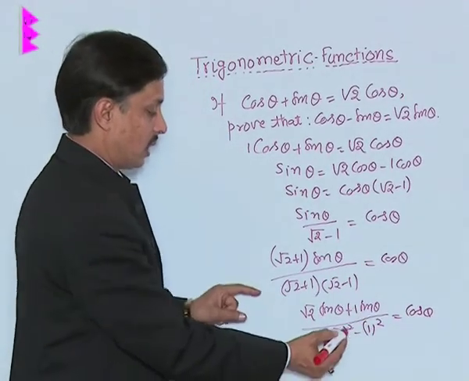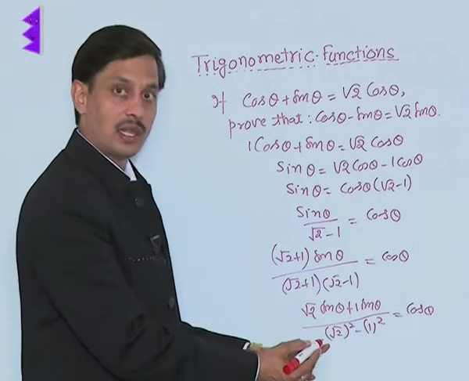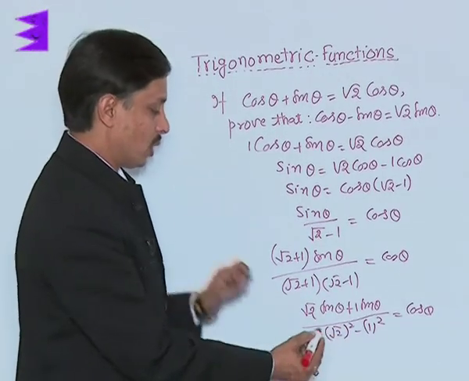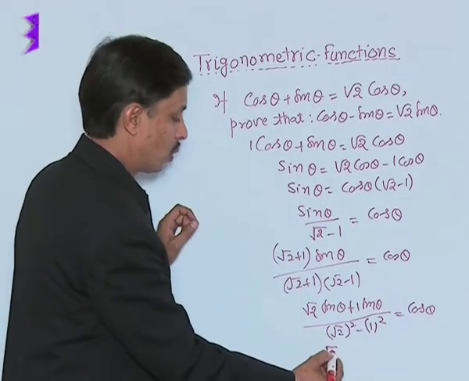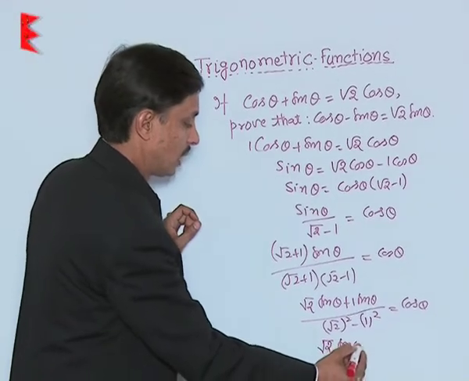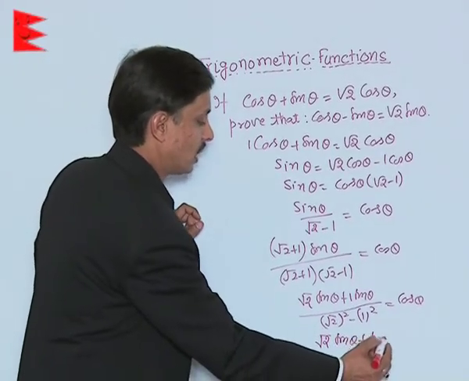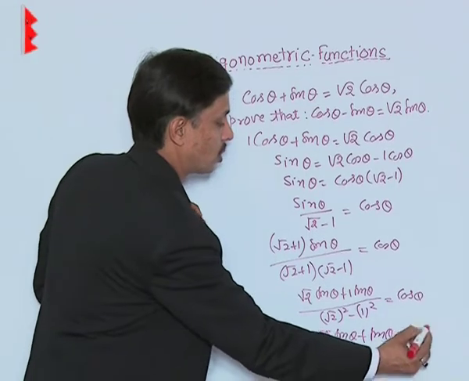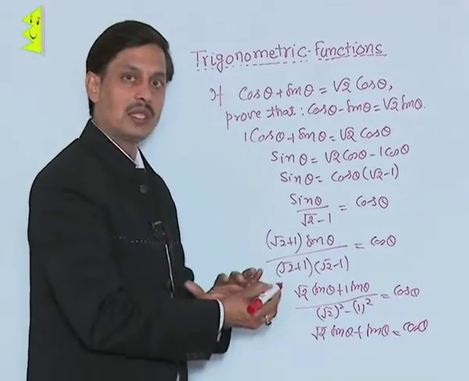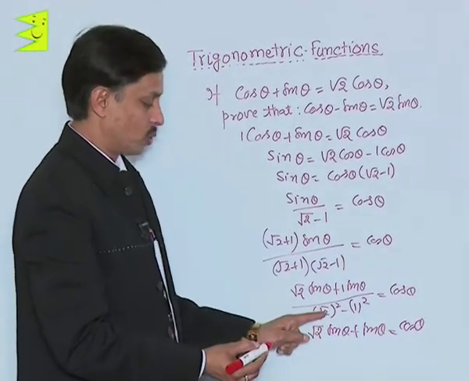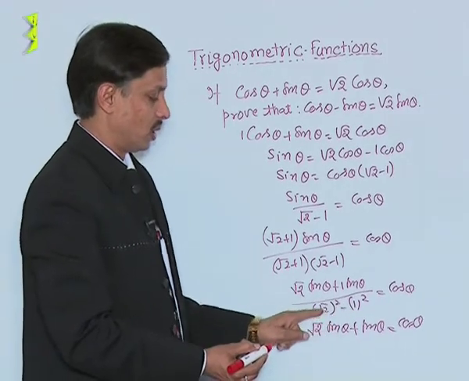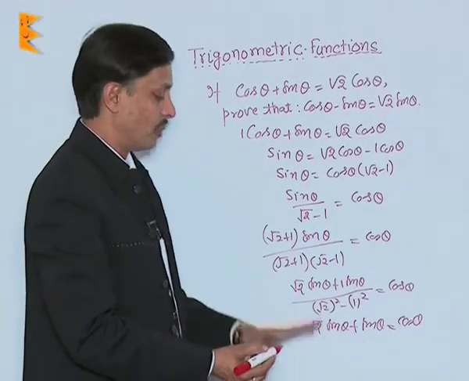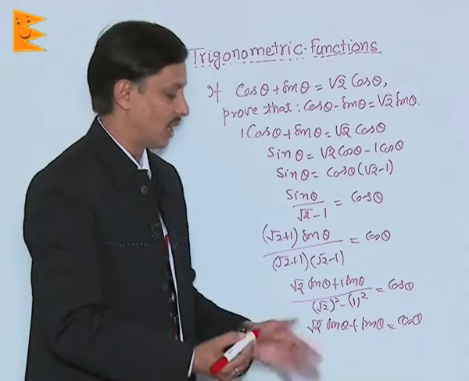The denominator in the left hand side becomes 1. So this is root 2 sin theta plus sin theta is equal to cos theta. The reason is very simple: root 2 square is 2, 1 square is 1, and 2 minus 1 is 1. So the denominator 1 we may or may not write.